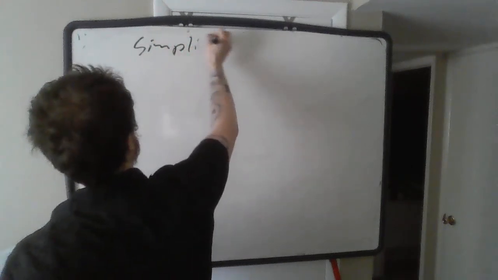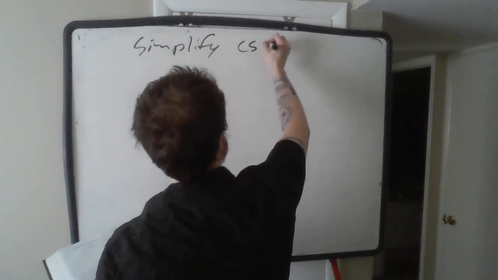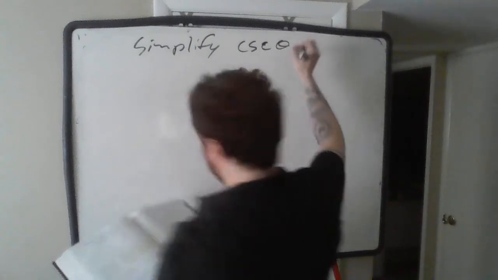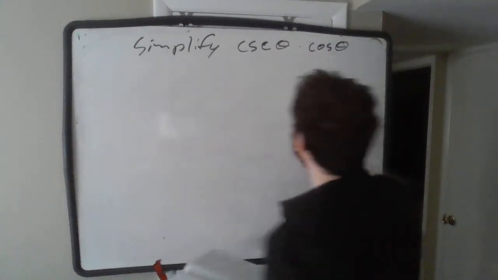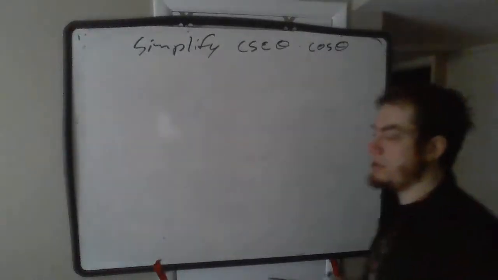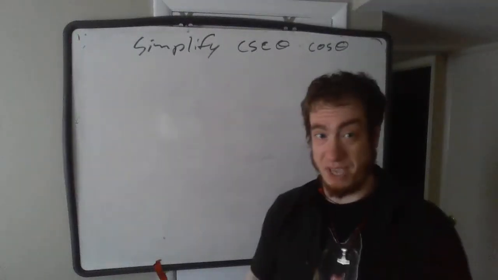So let's think about what would happen if I wanted to simplify an expression like cosecant theta times cosine theta. Well, there are a lot of different ways of approaching these kinds of simplification problems.